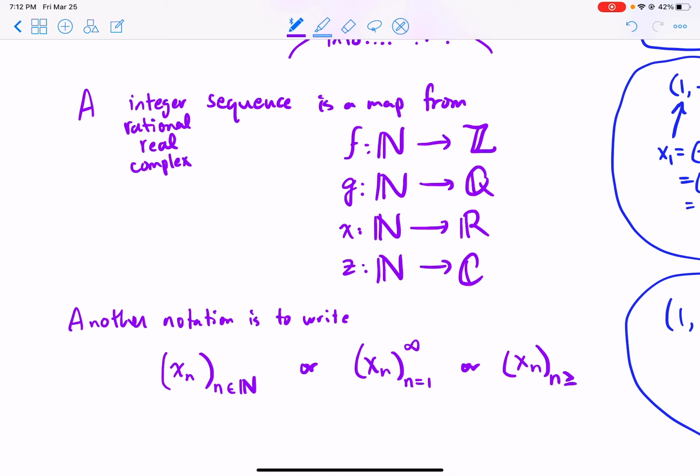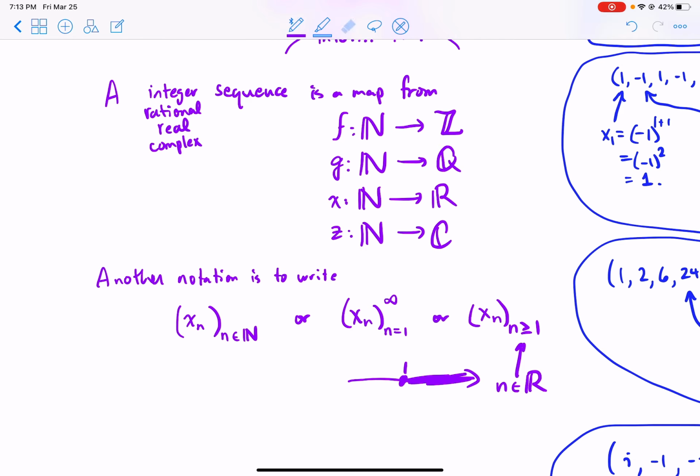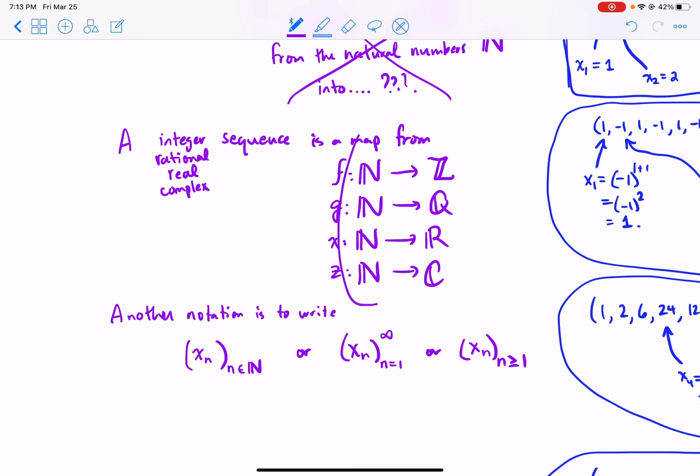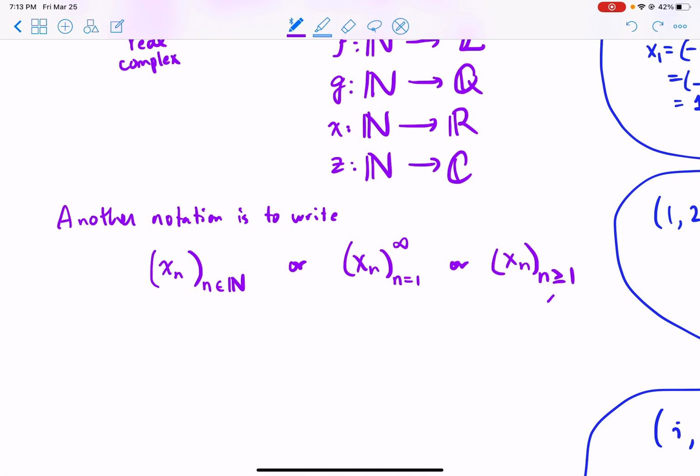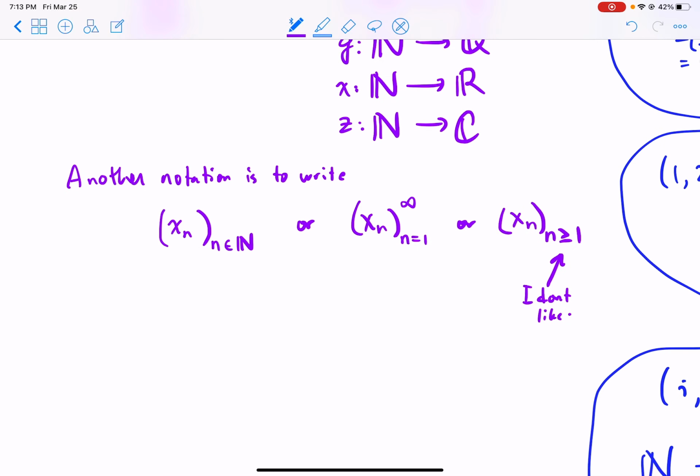This one I don't like because it makes it seem like n could be a real number, anything greater than or equal to 1, forever. That's not true. The index is always a natural number. The inputs are always natural numbers, so I don't like it. But you might like it, so that's fine.